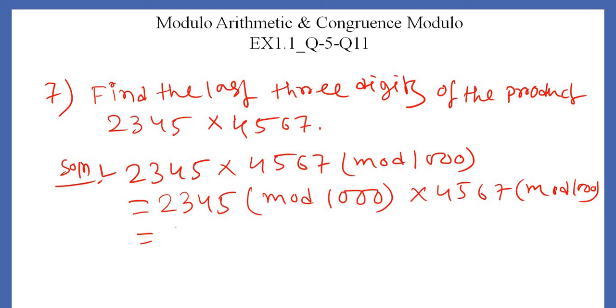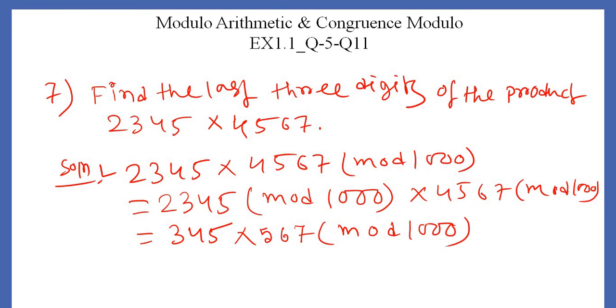When you divide 2345 by 1000, then the last three digits would be the remainder. So here the remainder is 345, and if you divide 4567 by 1000, the last three digits would be the remainder, which is 567. So we are getting 345 into 567 mod 1000.